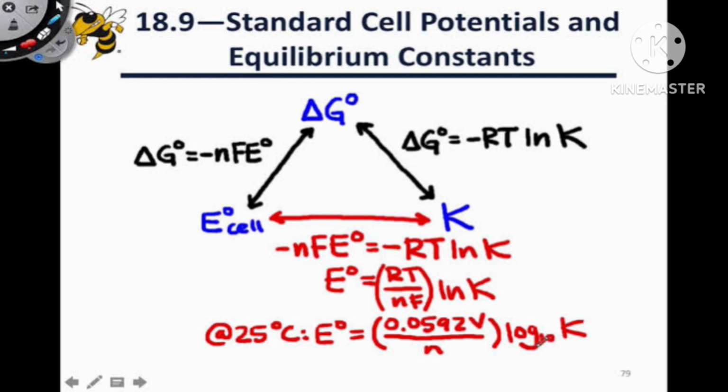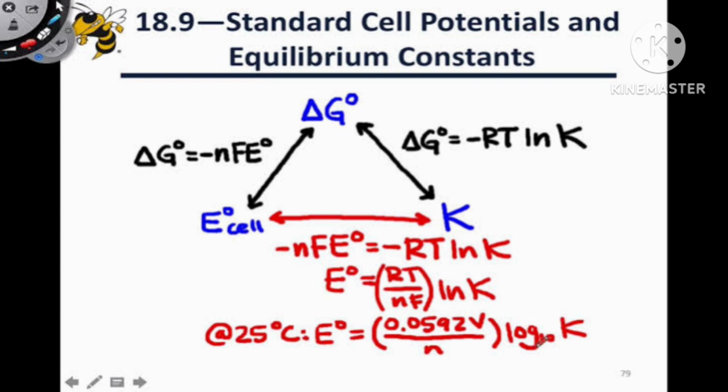And here one more relation is there. Delta G is equal to minus RT ln K. From the measurement of a standard E cell, we can obtain the important thermodynamic quantity, standard delta G, the standard Gibbs free energy of the reaction.